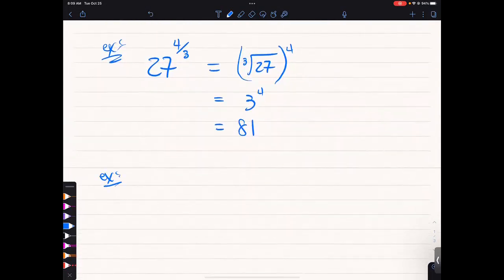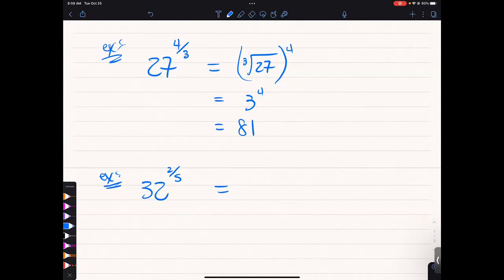Let me do one more real quick. How about 32 to the 2/5. So what 2 things do we have to do to evaluate that?